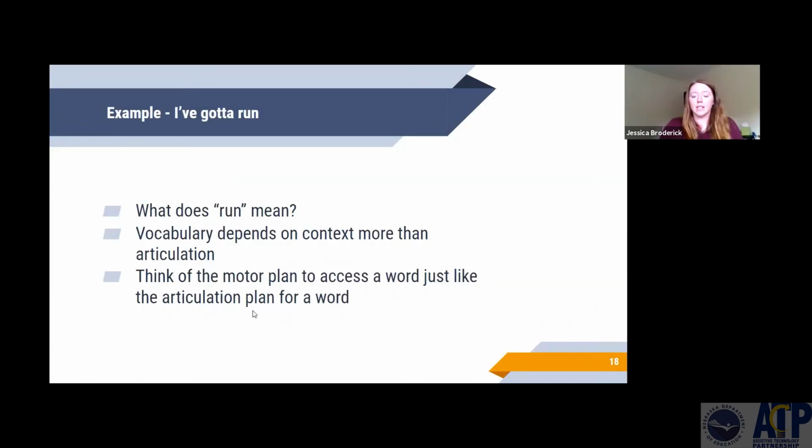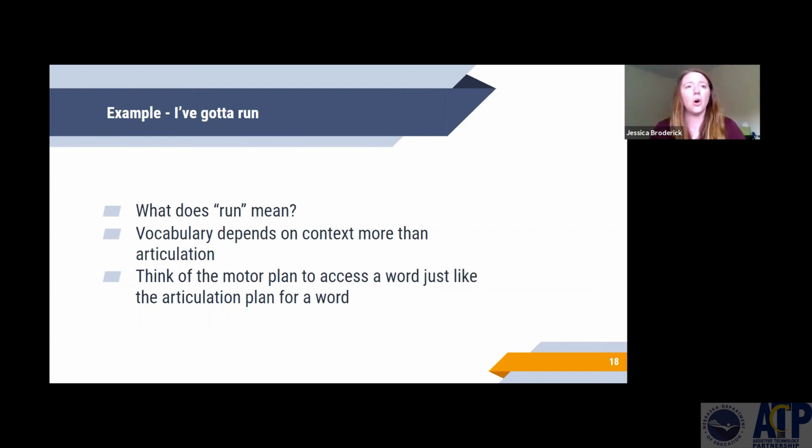By way of example, I'm using the phrase, "I've got to run." What does run mean? If I say, I've got to run, that means I've got to go somewhere, I've got to get going. Or I might be talking about my workout plan, and today's cardio day, and I've got to run today. Or I could be looking down at my leg and saying, I've got a run, talking about my pantyhose.